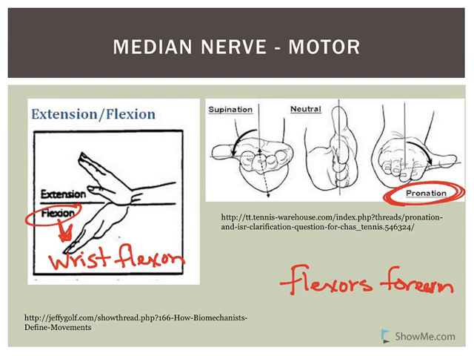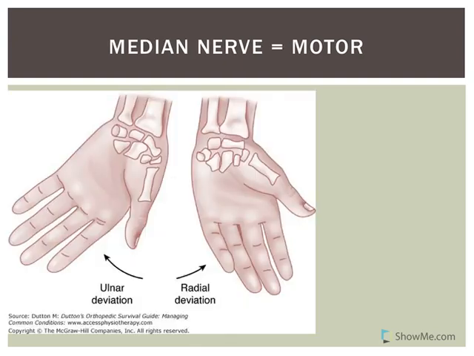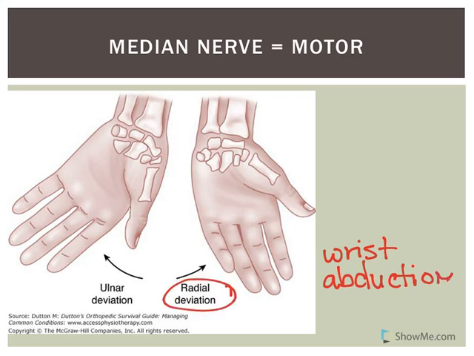The other thing, since it innervates muscles of the wrist, is that it's going to be involved in wrist abduction. Wrist abduction is also referred to as radial deviation.